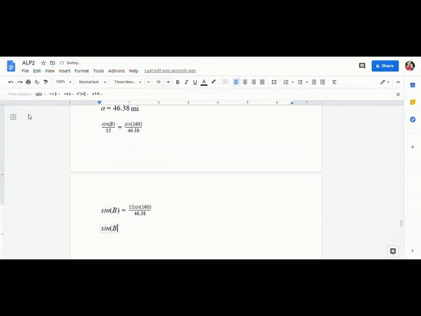If we put that in a calculator, we see that sine B equals 0.111, and we use the inverse sine to get the value of B. It equals 6.35 degrees.